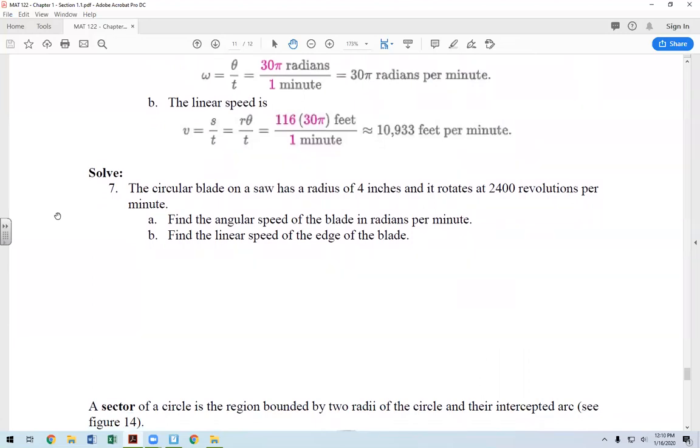We have a circular blade on a saw, which has a radius of 4 inches. And this one, because obviously it's a smaller machine, you're looking at 2,400 revolutions per minute. So again, they're asking us to find the angular speed and the linear speed. So let's write down this information.